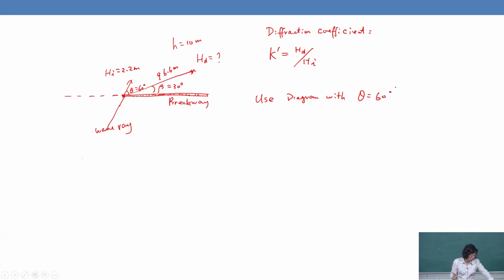And then we need to calculate what is R over L, right? But before we're doing that, we need to calculate the L. What is L going to be equal to? So we know the wave has a period of 6 seconds. And also the depth is 10 meters.